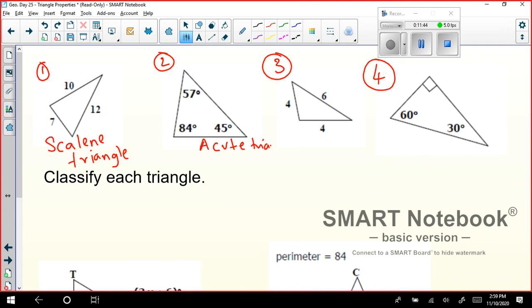And this is also going to be a scalene triangle, which we will discuss later. As of now, I'm just going to tell based on whatever we see. And this is going to be your isosceles triangle. This is your right triangle.